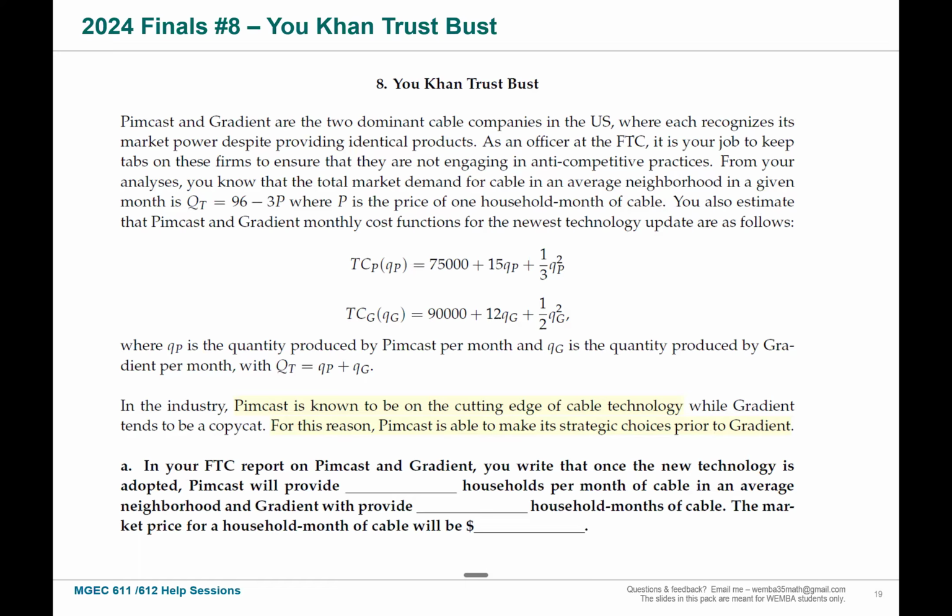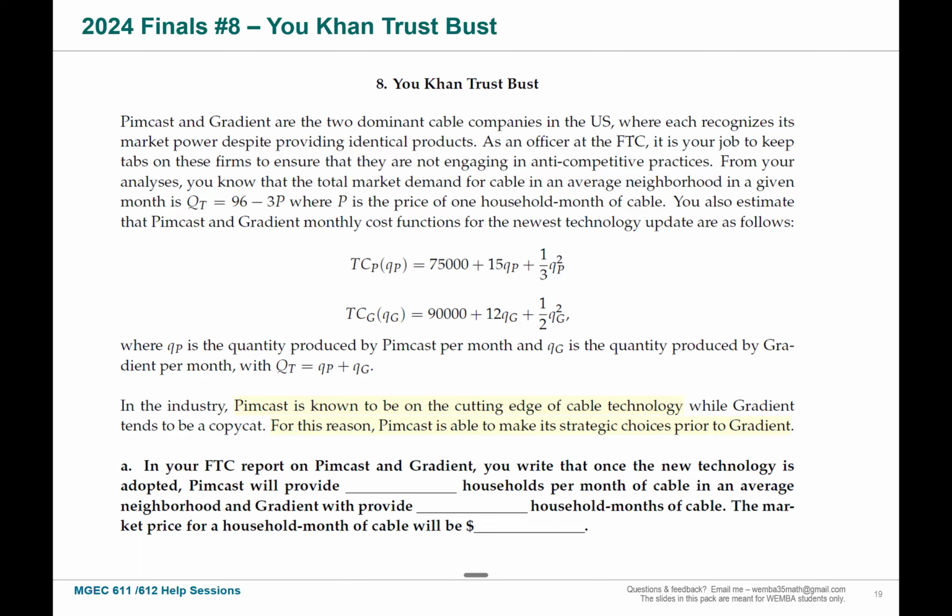If one firm goes before the other one, it's a Stackelberg model. Who's the first mover here? It's Pimcast. Who's the second guy? Gradient. So we have to solve the Stackelberg problem with P and G as the two firms. P goes first. So what's our algorithm? Our algorithm is we start with the second firm, start with G, and write down its reaction curve.